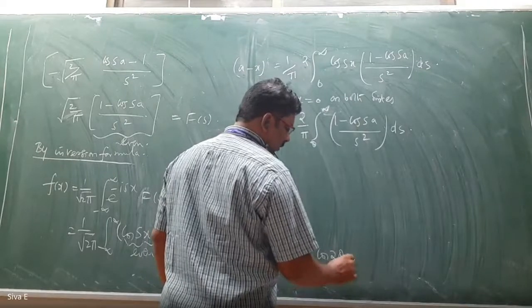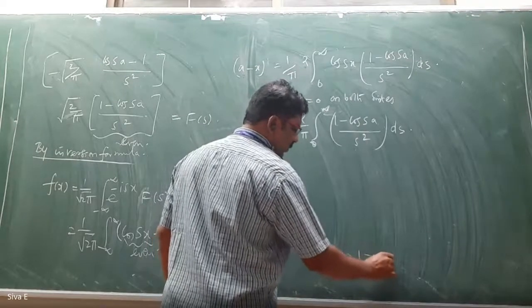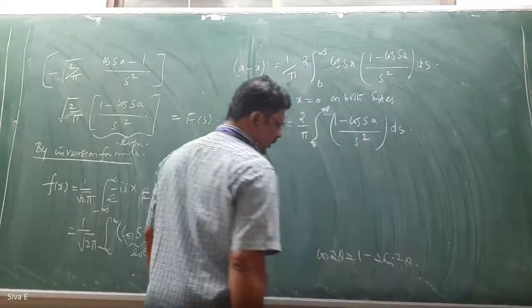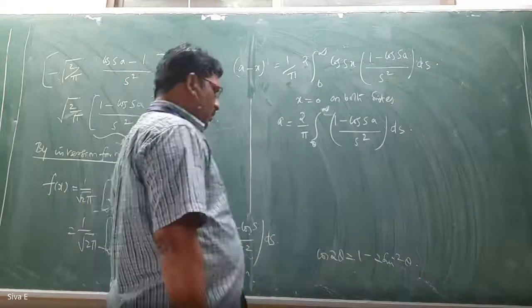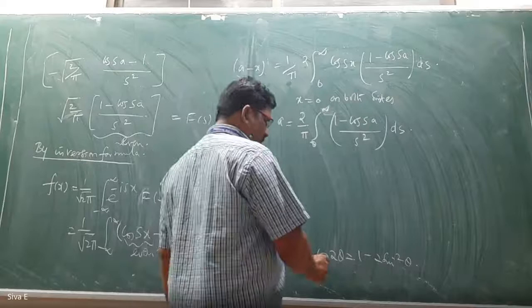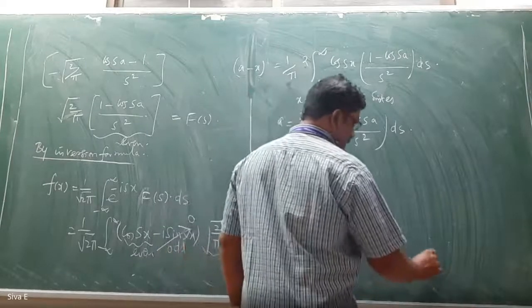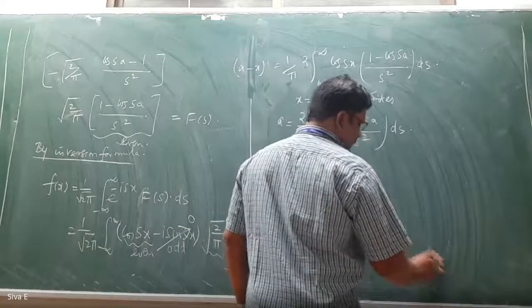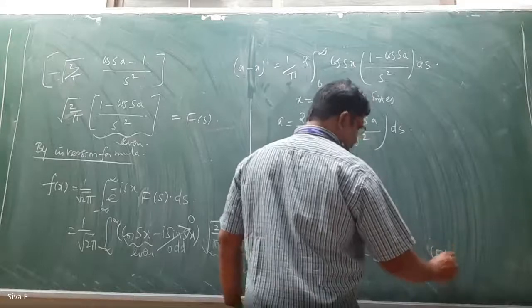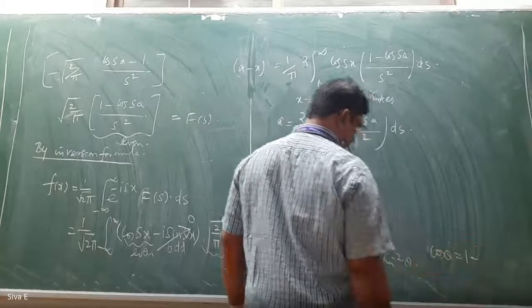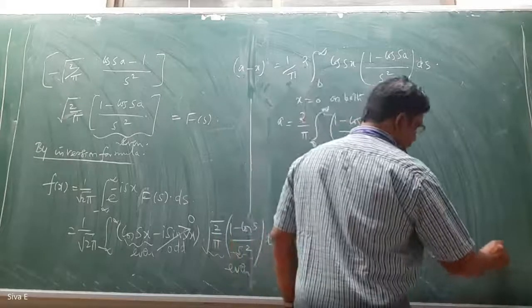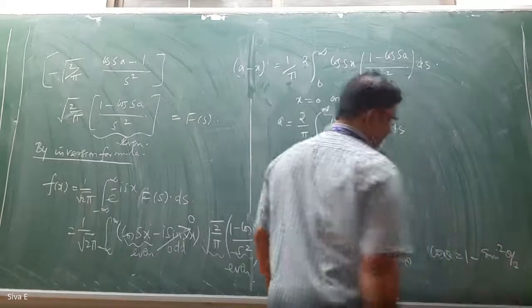Cos 2 theta is 1 minus 2 sin square theta. Using this formula, cos theta equals 1 minus 2 sin square theta by 2.